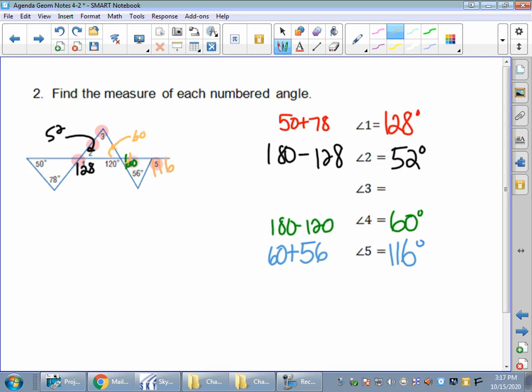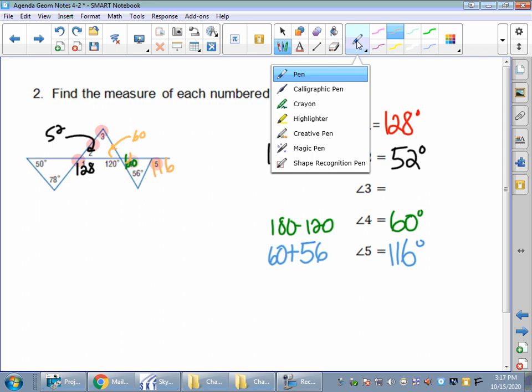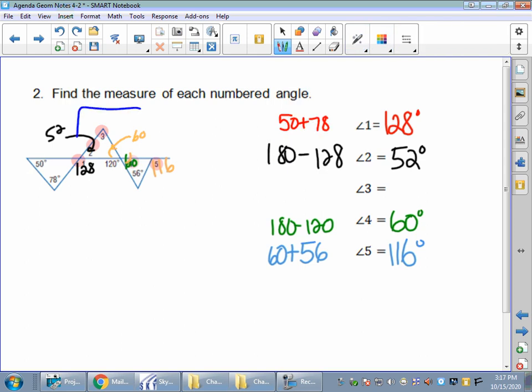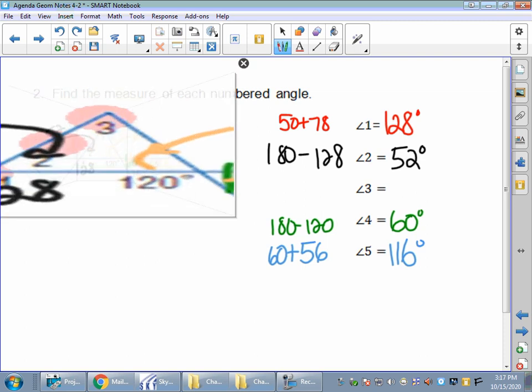So now maybe that middle triangle, if I use the Triangle Sum Theorem, there we go. I know that the two base angles there, angle 2 is 52, and the one supplementary to 120 is 60 degrees.